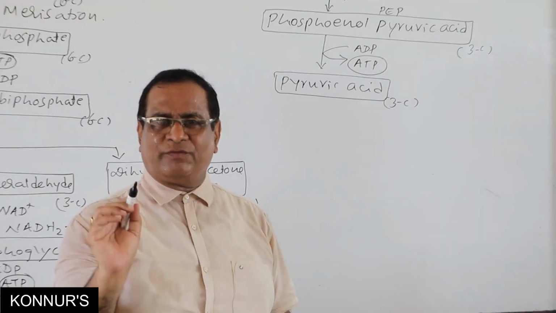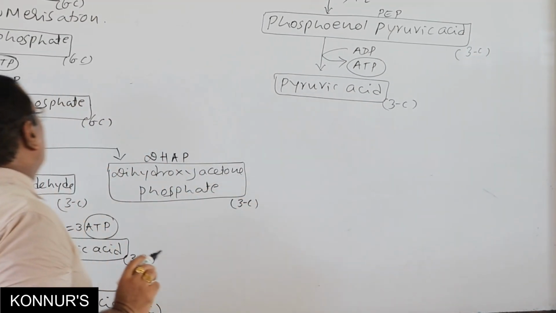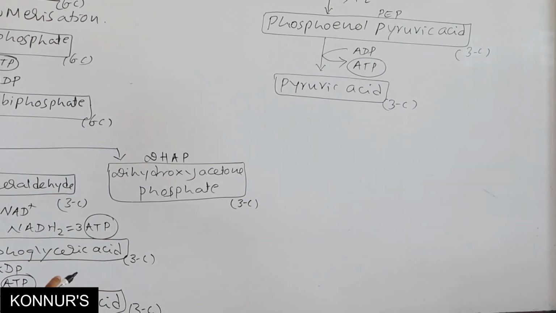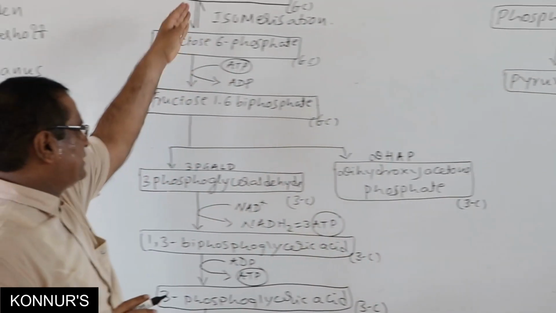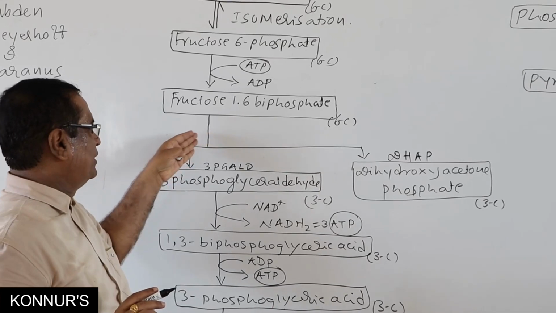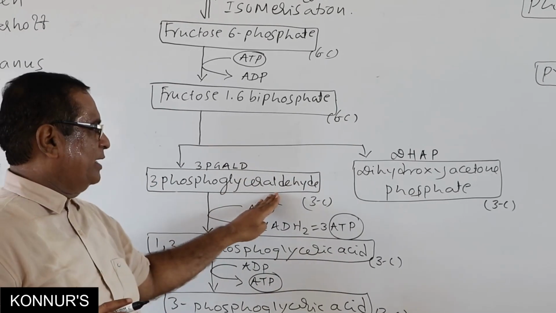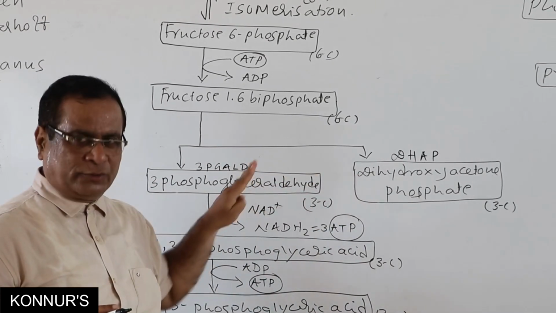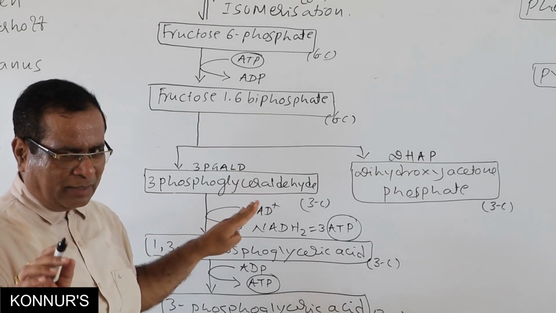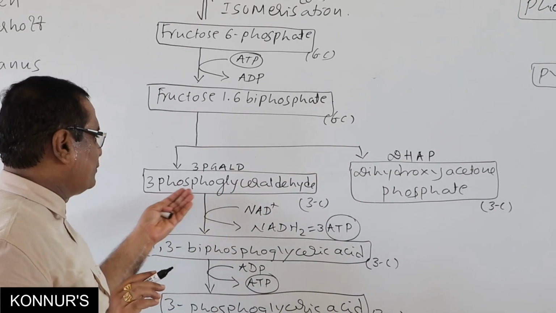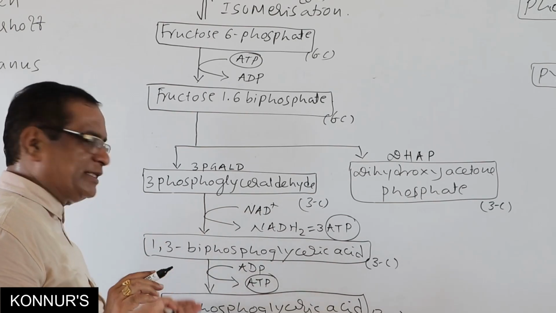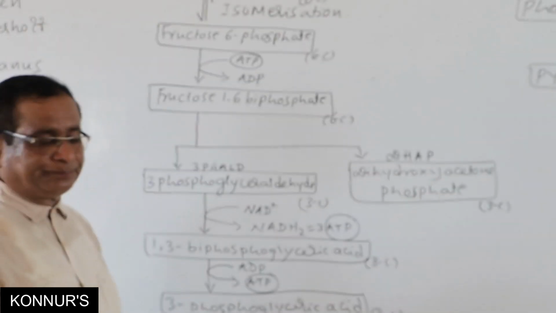Pyruvic acid is formed. From glucose up to this, a single reaction goes. Once 3-phosphoglyceraldehyde and dihydroxyacetone phosphate, 2 isomers, are formed, only 3-phosphoglyceraldehyde takes part further.